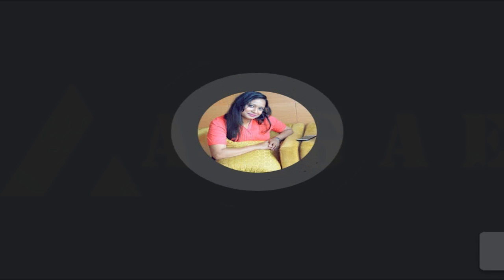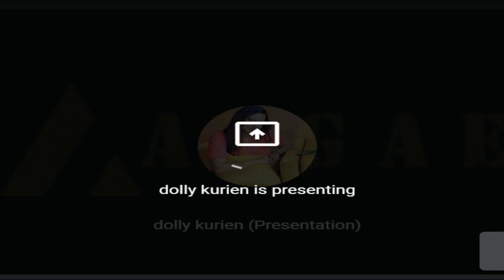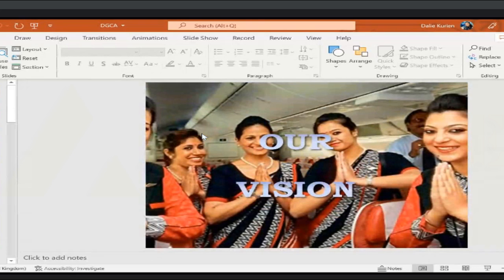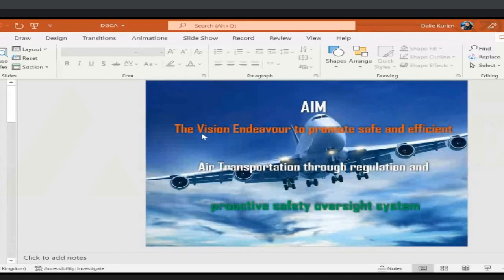Okay, moving on to the next major thing, DGCA. Visible? Yes, ma'am. Now, what is DGCA? Director General of Civil Aviation. The vision of civil aviation is to promote safe and efficient air transport through regulation and proactive safety oversight systems. So DGCA is the kind of organization which checks on safety and security.